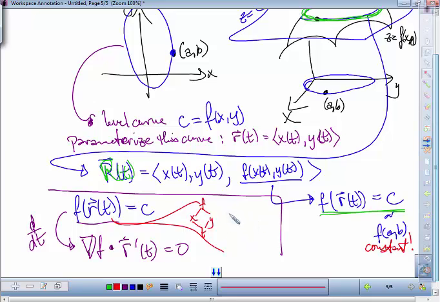So then the derivative is going to be the partial of f with respect to x times x prime plus the partial of f with respect to y times y prime. And then we split them up. So the tree helps us see how it is parameterized.